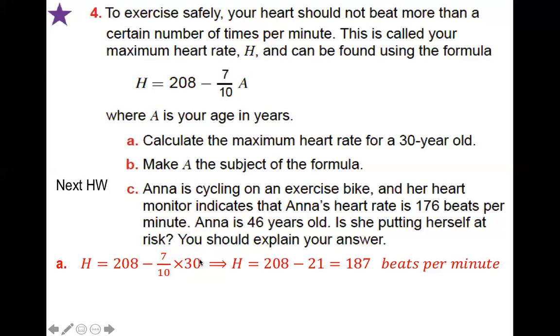You can quickly do 30 divided by 10, that's 3. 3 times 7 is 21, and then you say 208 minus 21, it's a bit like 207 minus 20, and then it's just 187. So 187 beats per minute.